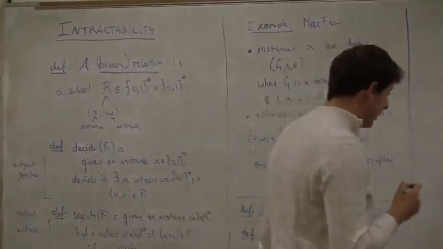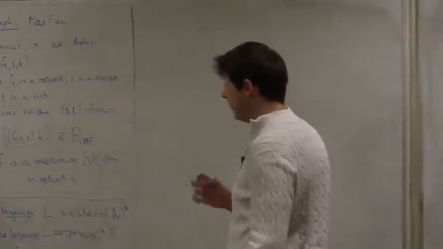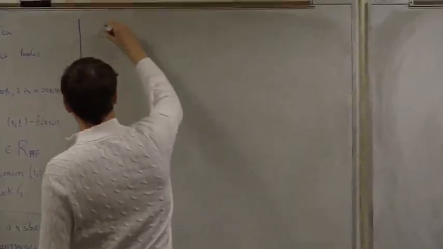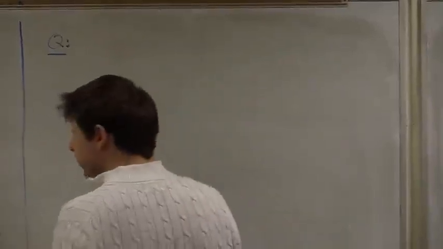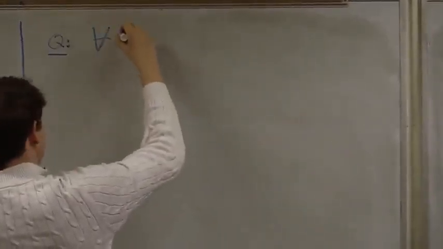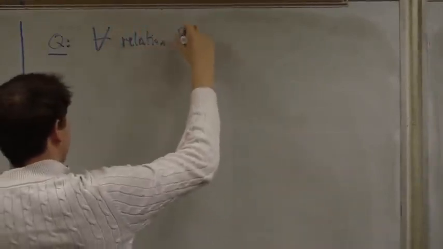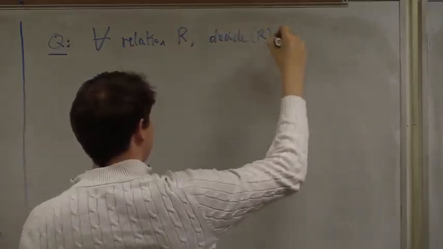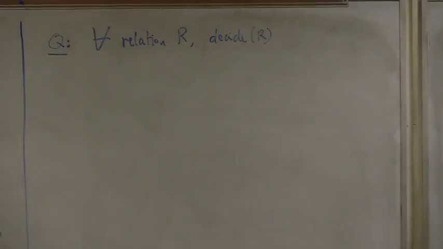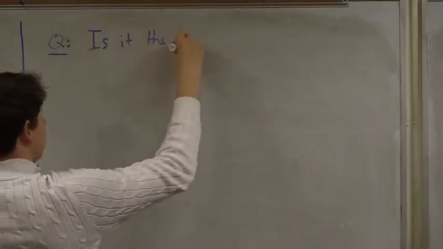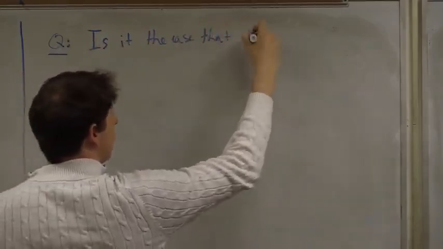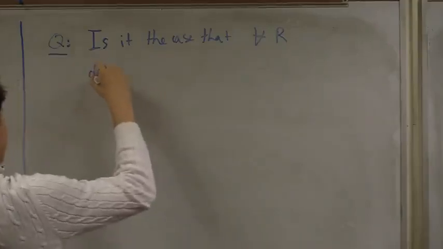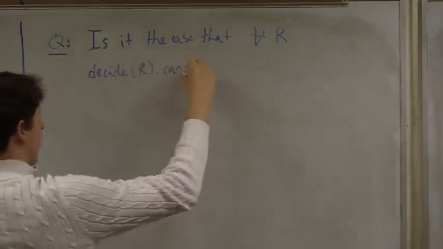Because we want to discuss computational problems in a very abstract sense, a natural first question to ask is, is it the case that for every relation R, the decision problem for R can be solved efficiently?